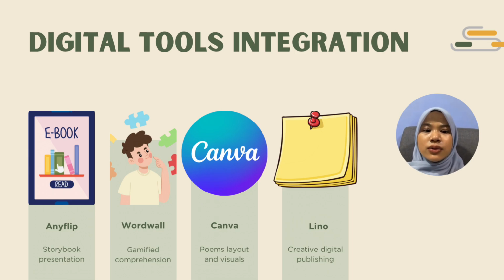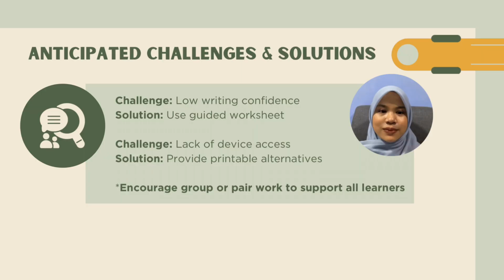And the fourth one is the Lino board, for digital publishing, where students can share their poems and create peer discussion. These tools foster digital literacy, creative and communication skills, meeting KMK5 and enriching the overall learning experience.